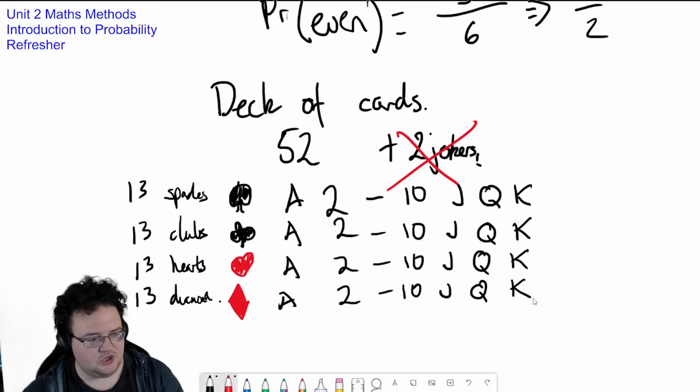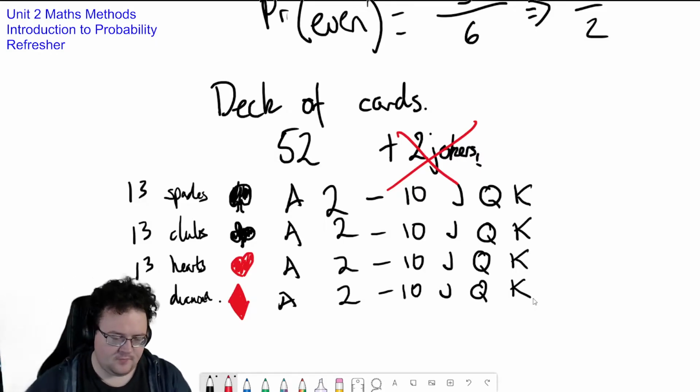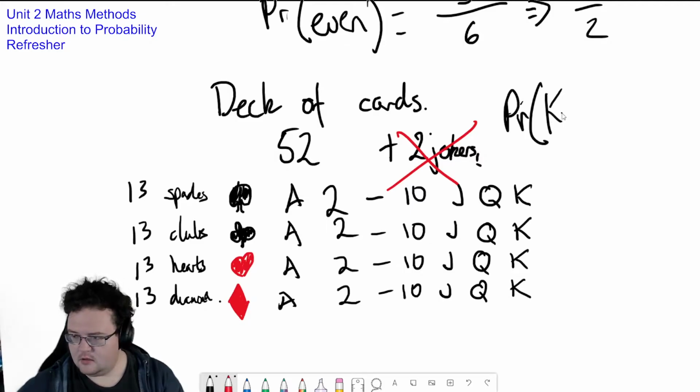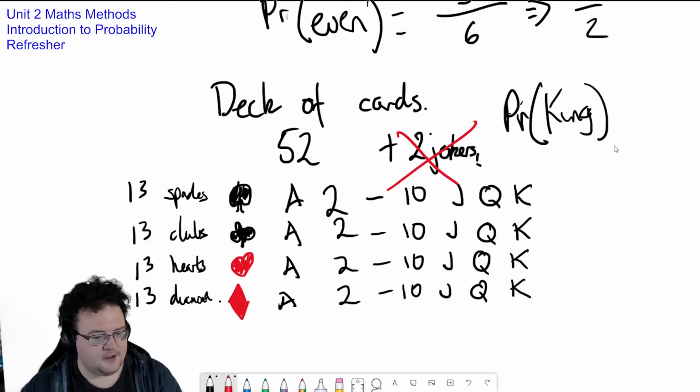If I was to ask you to randomly select a card from a shuffled deck, and I asked, what is the probability of getting a king? So here, king.